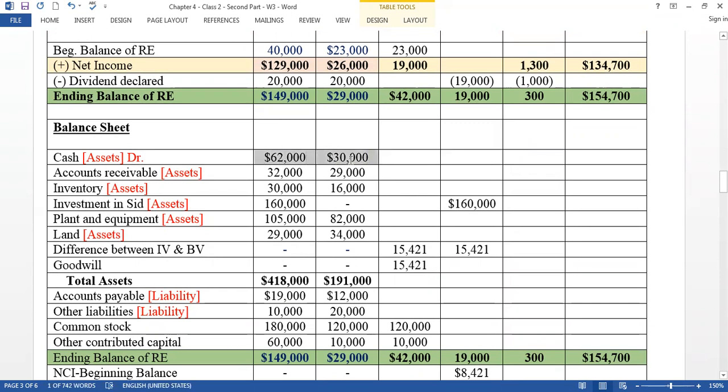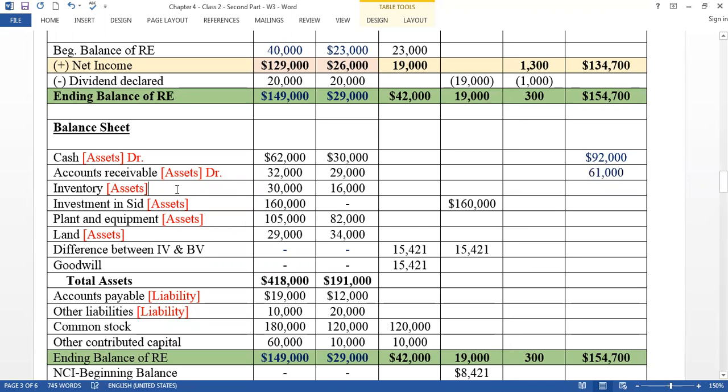Debit and debit plus, and we don't have anything here, and it is $92,000. Then accounts receivable, normal balance also debit. The parent company has $32,000 accounts receivable debit. The subsidiary company has $29,000 accounts receivable debit. Debit and debit plus, and it is $61,000.